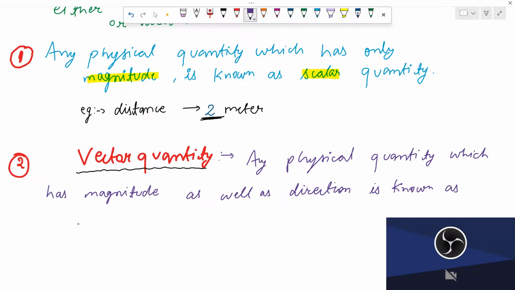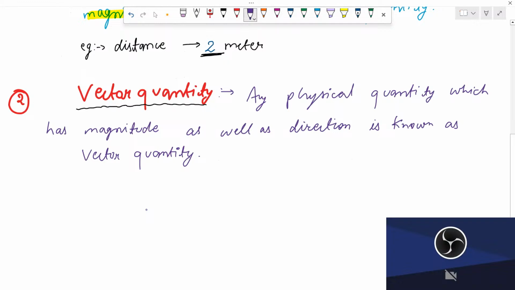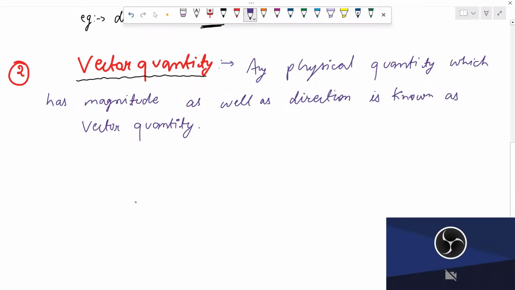If you have a quantity and it contains a magnitude as well as direction, then it will be a vector quantity.